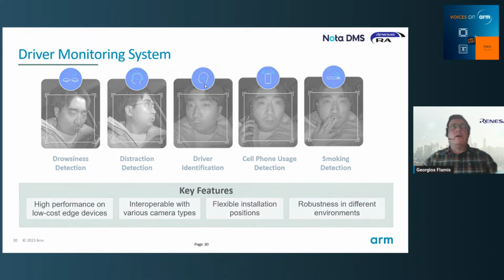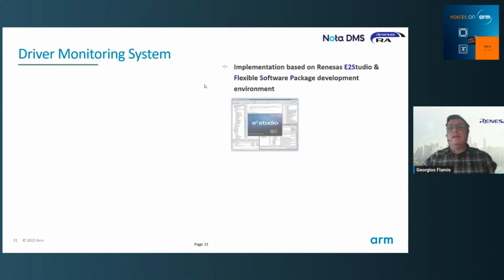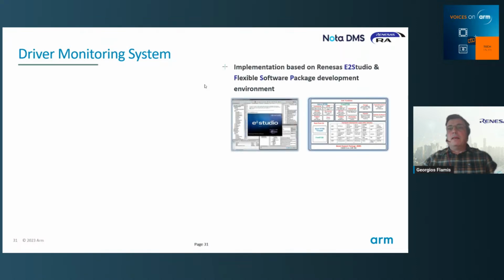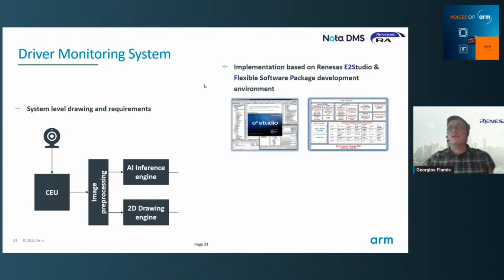The system is developed mainly using the FSP and e2 studio, our development environment, so everything is designed inside the environment that we offer at Renesas. The system level drawing and requirements are shown like this, also showing how the signal flows.